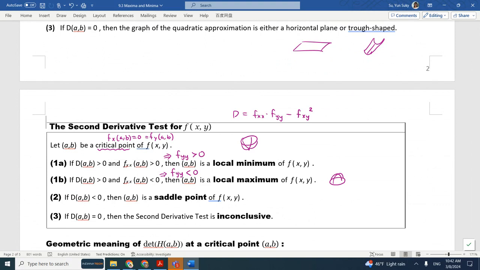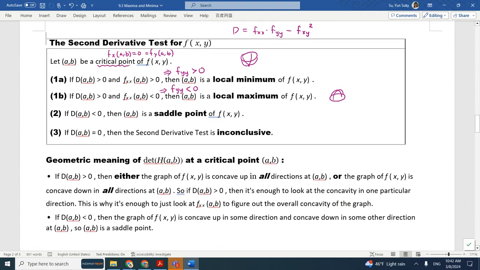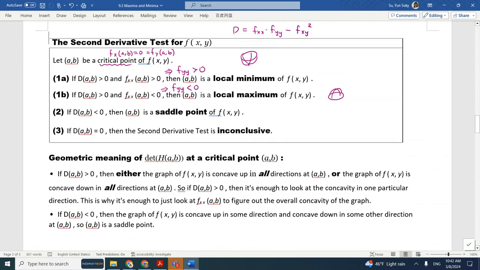You must find other ways to figure out whether it's a local max or local min. Other ways usually means you find more points near the critical point, plug into f and compare the values. Is it bigger than that or less than that? So you pick more numbers around it. Geometric meaning, I already talked about that.